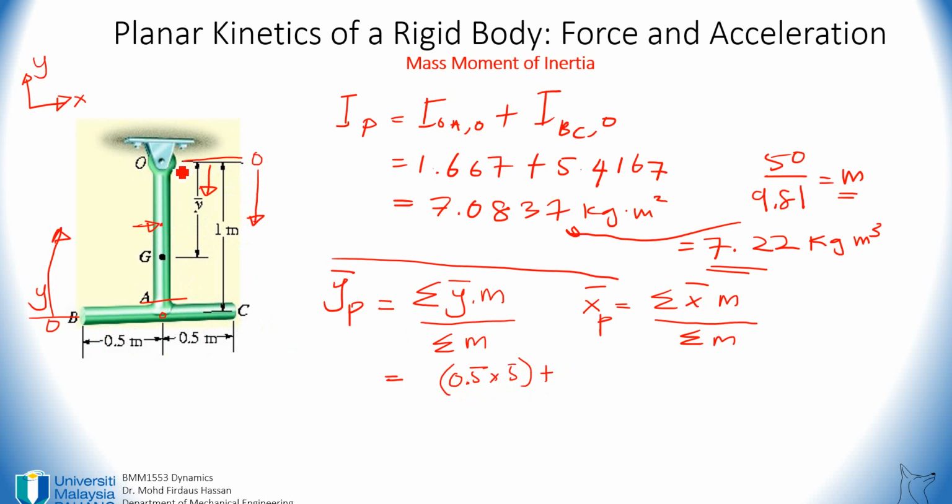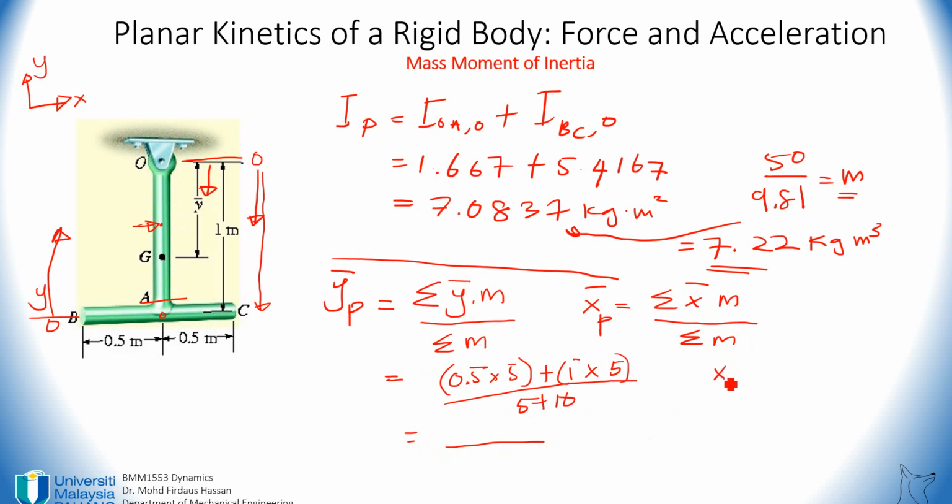So the distance in Y from this reference to G is 1 meter. So 1 times its mass of BC, also 5 kilogram, and then divide by the summation of mass for both rods BC and OA, which is 5 plus 5, 10 kilogram. So let's calculate this one later on.